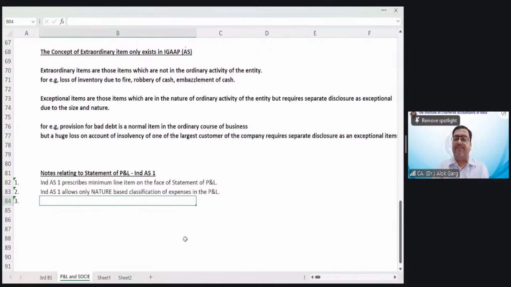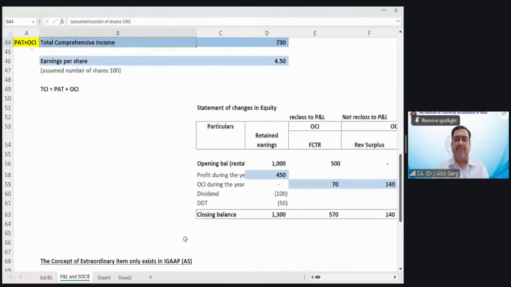Number three. Okay. So number 3 will come later on.